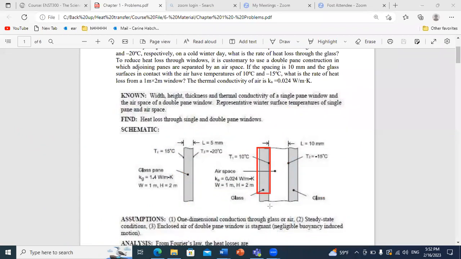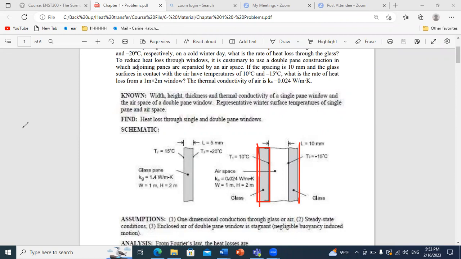If you want to look at energy transfer through this layer, do you have any generation of energy within the glass layer? No. The temperatures you are imposing are constant. So do you have any variation with time? No. Okay. If you go back to the basic energy balance, it will tell you what?